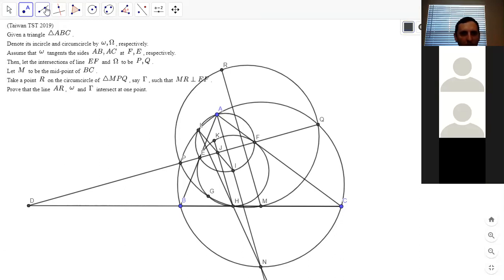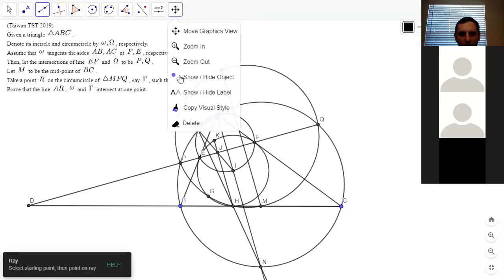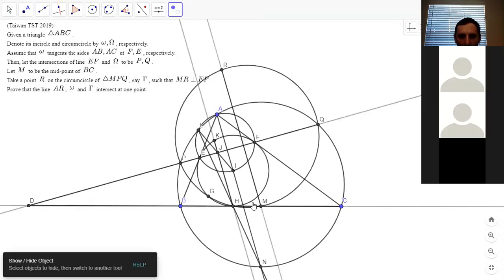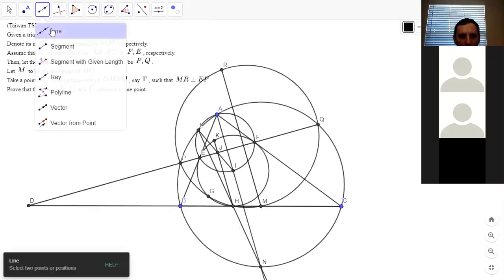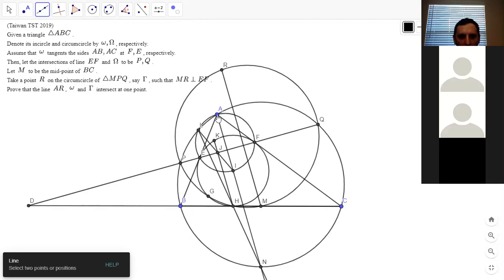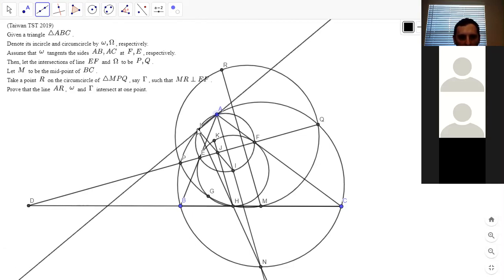In that EKFH, EKFH is a harmonic quadrilateral, it is very easy. You can draw EHF. You can draw GH and AL. So AL and GH will be concurrent at E. Yes.